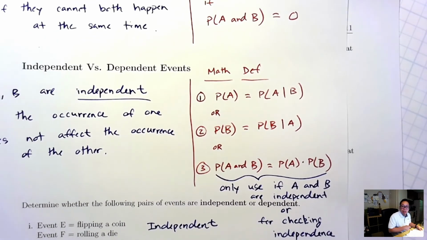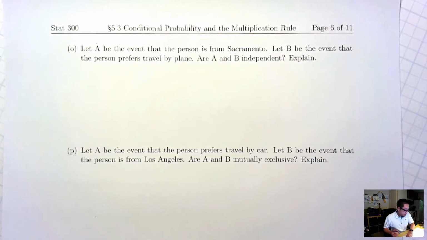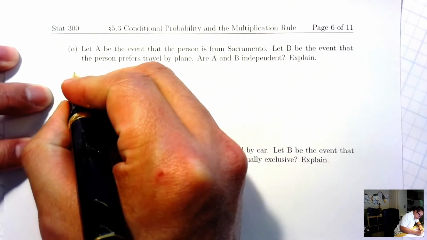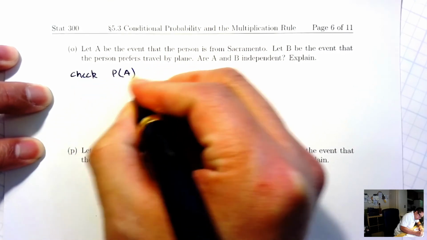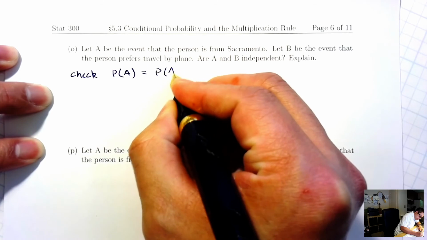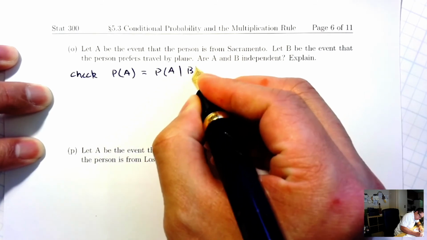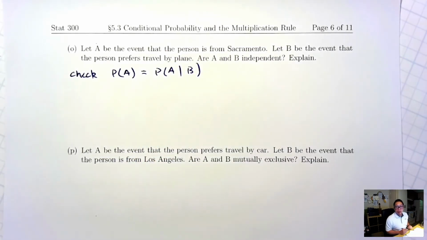So that first one says P of A equals P of A given B. Okay, so we're going to check P of A equals P of A given B. Let me replace A and B with what we're talking about in this problem.